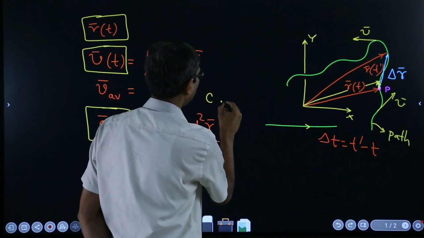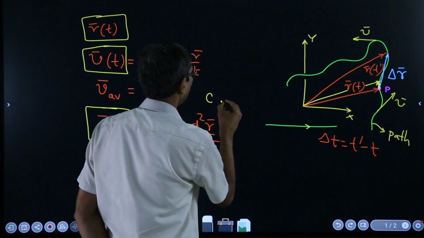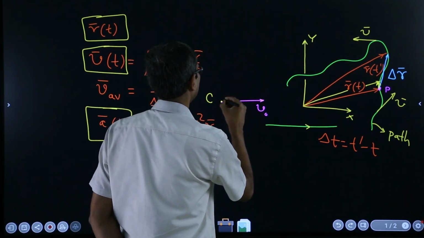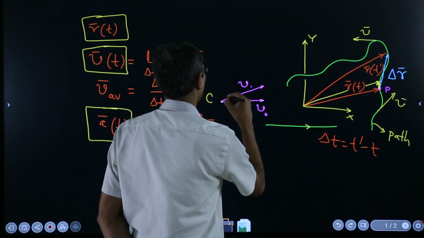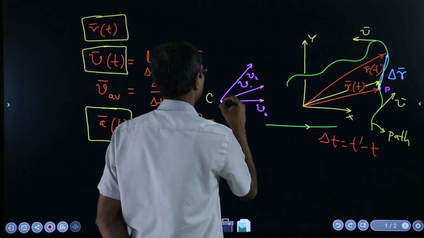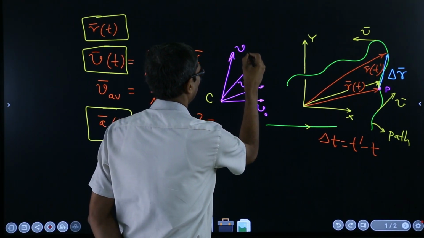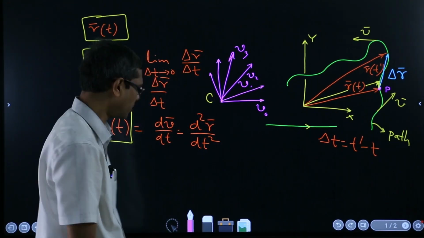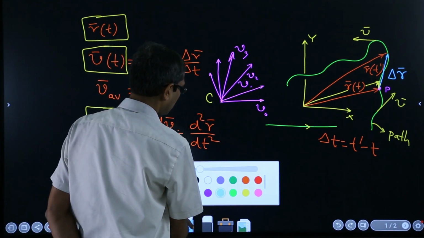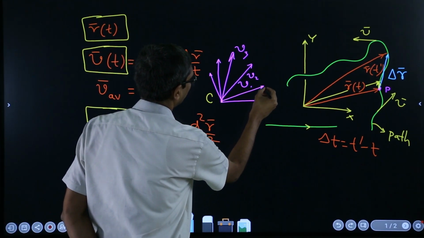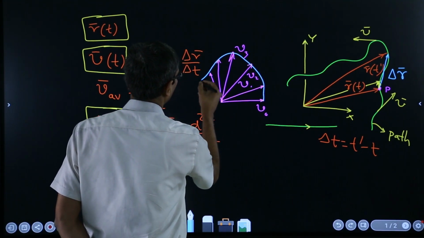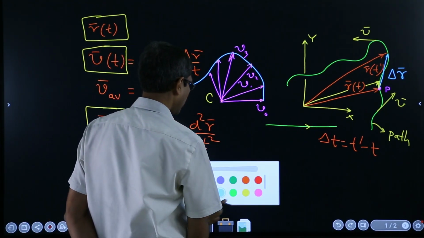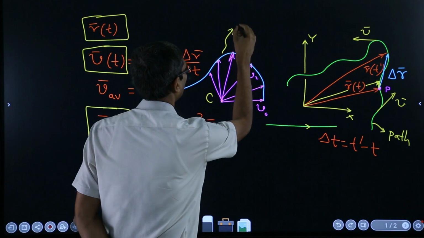For example, say v at initial time is v0, then v1, then v2, and like that we keep on drawing the velocity vectors starting from here, and then the curve joining them. Now this curve will be called a hodograph.